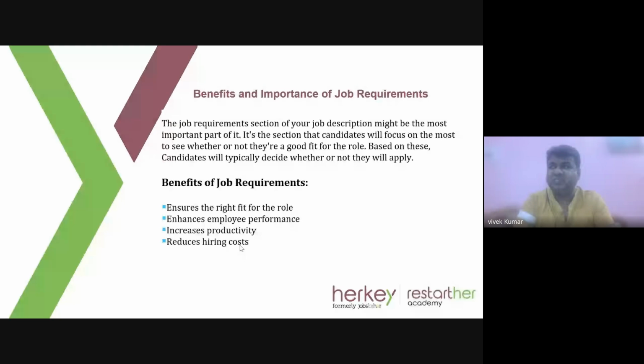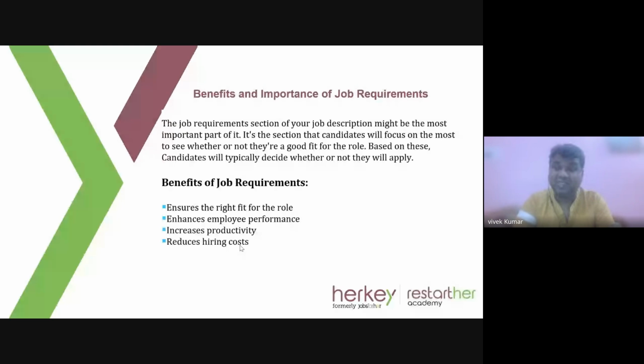But that doesn't happen in a lot of cases. So you always have to go through tons and tons of applications, and you interview so many people. Then there's a lot of discussion going on. It could be with respect to the compensation, the job role itself, the relocation of the candidate, maybe the working mode like hybrid, remote, and so many things, right? So as a recruiter, you want to reduce the hiring cost.